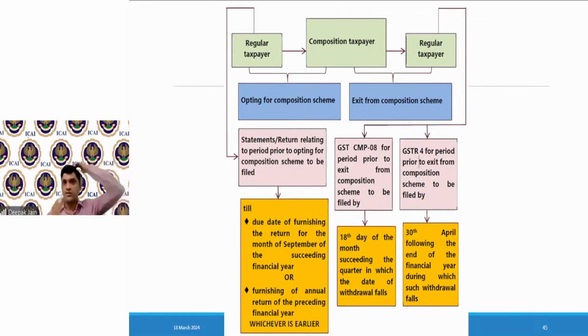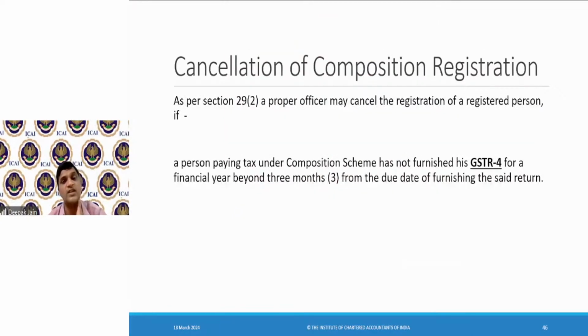ठीक है, सो रेगुलर टू कॉम्पोजिशन आपको पुराना फाइल करना है और कॉम्पोजिशन टू रेगुलर कॉम्पोजिशन का रिटर्न्स फाइल करना है. Cancellation of composition registration says that yes, as per section 29(2), which we have read before also, a proper officer can cancel the registration when a person who's paying composition tax has not furnished his return within 3 months.